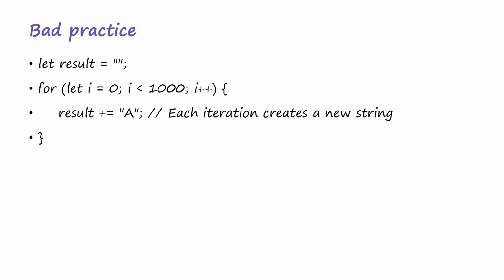A new string is being created. And what you're doing here is that you're going to create 1,000 strings in this small program, which is very, very inefficient. It's a very bad practice. So basically, when you want to do string concatenation, use array.join or template literals. Make it a habit, okay?